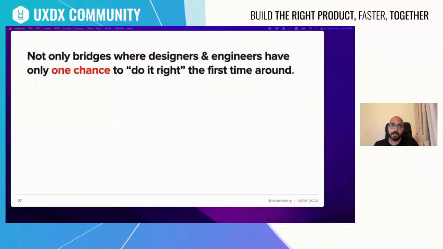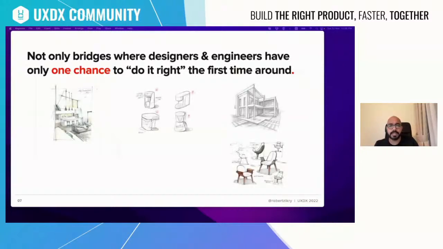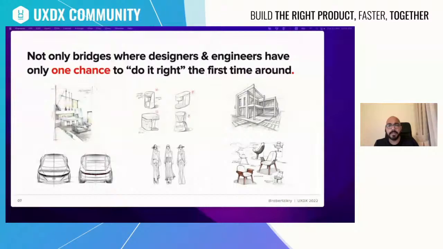But it's not only bridges and design, where designers and engineers have only one chance to do it right the first time around. If you look at all the design disciplines at the moment, they tend to get it right the first time. Even though there are no lives at risk, almost all forms of design can't do anything about their creation once it's been shipped, once it's been done.